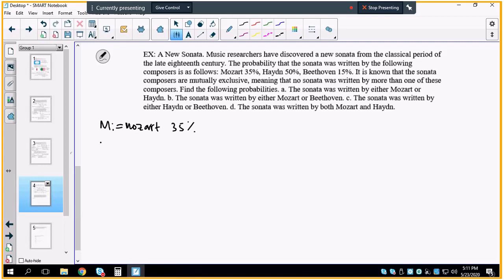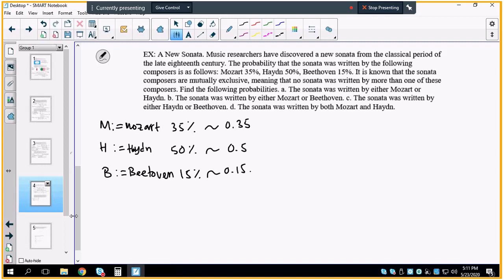I'm going to use Haydn, H, and we will say that that's 50%. So as soon as I say that, you can go ahead and say that these probabilities are 0.35, this is 0.5. And finally, we have Beethoven. So I'm going to say B for Beethoven. And that is 15%. So in probability terms, this is 0.15.